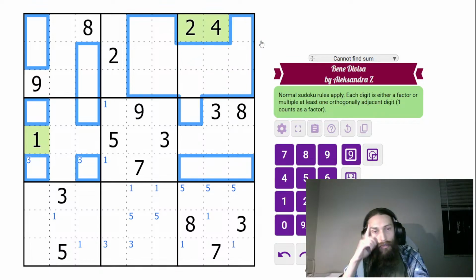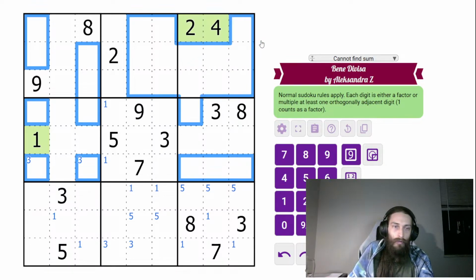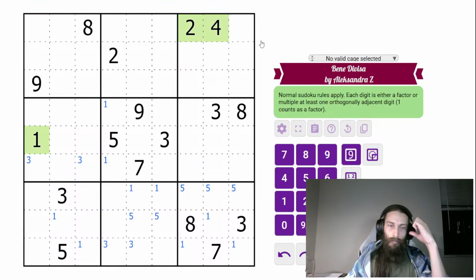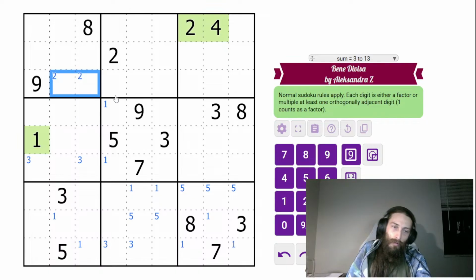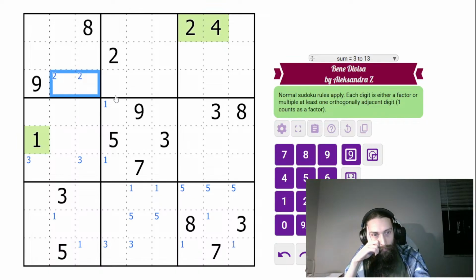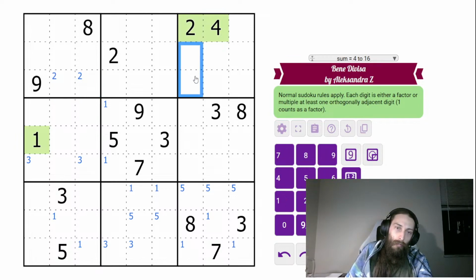Full box. Yeah, that's not getting me anywhere. Well, 2 has to be one of those two. Three in box 3.